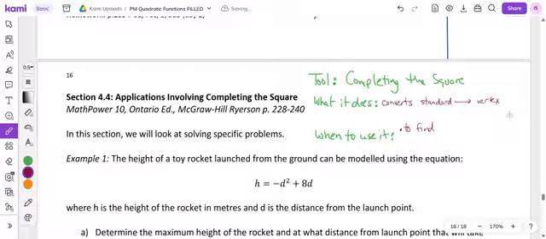All right, folks. So the group I was eavesdropping on said, yeah, what it does, it converts an equation from standard to vertex form. Did anyone else say that? Yeah, great. When do we use it? What would a question say? It would say find.